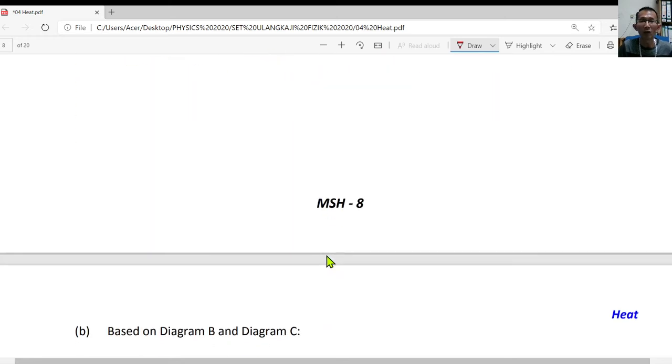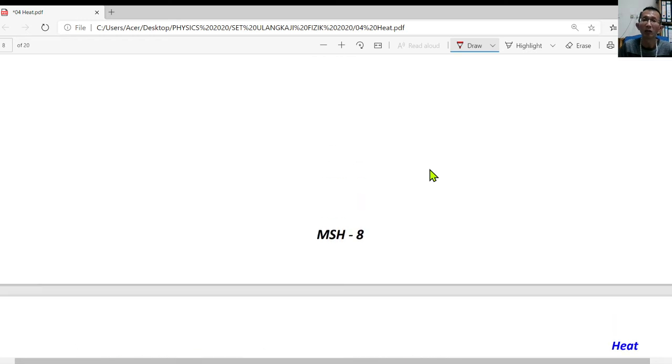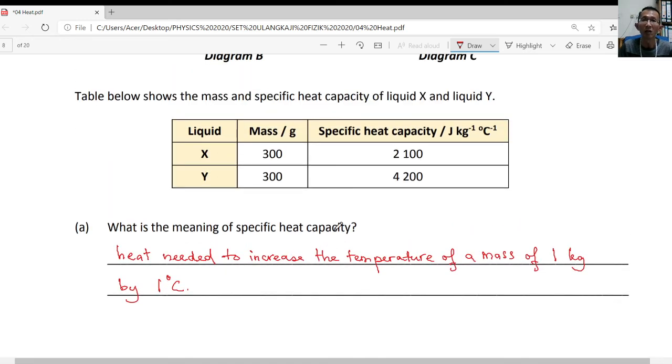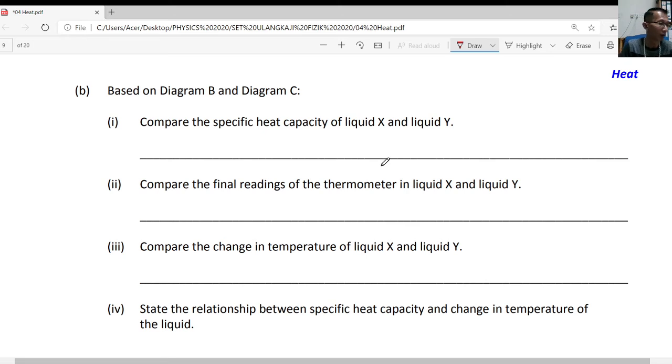So that is the meaning of specific heat capacity. Alright, next question. Compare the specific heat capacity of liquid X and liquid Y. So just do the comparison. Specific heat capacity, X is lower than Y, right? Or Y is greater than X. So let's answer this. Remember, you must write down the quantity that is being compared.